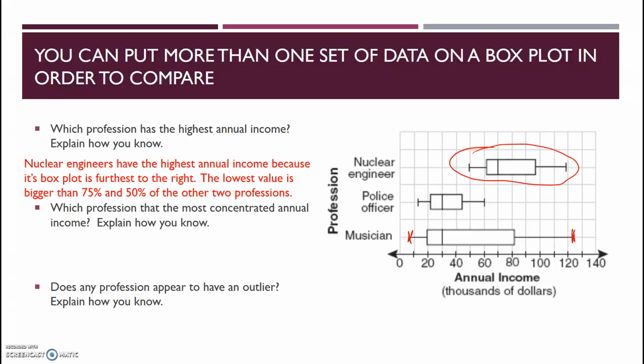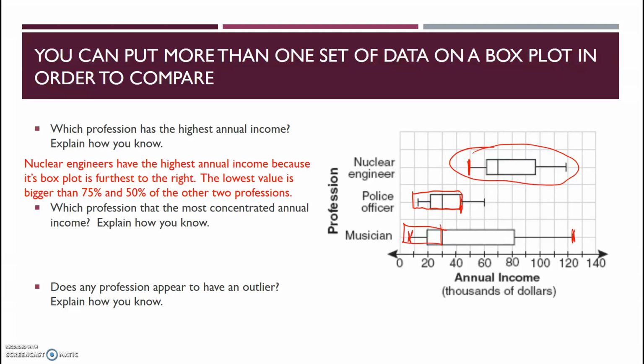More importantly, the lowest value for nuclear engineers is bigger than 75% of the police officers, and it's bigger than 50% of the musicians. So the least amount that a nuclear engineer can make is more than what half of people in both of the other professions would make.